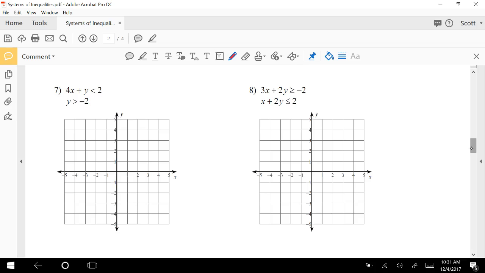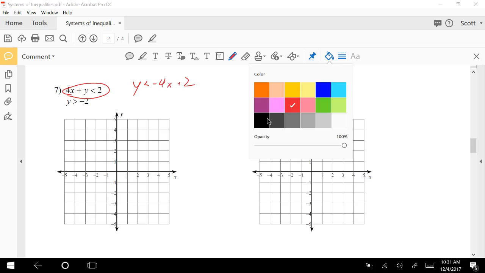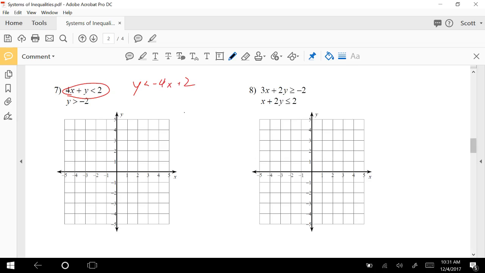Number 7, we have to convert these to slope-intercept form. So this one converts to y is less than negative 4x plus 2. So plus 2, negative 4, so down 4 over 1.